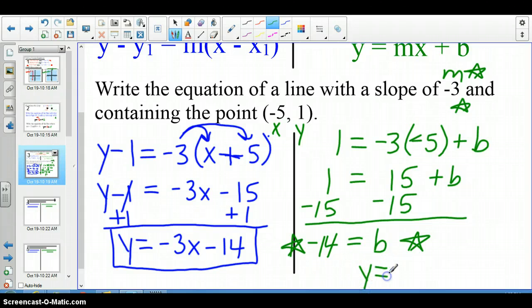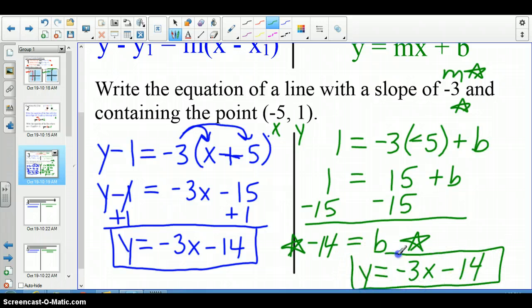Y equals m, so negative 3, x, plus b, so my b is negative 14. So what we did, once we found our b, our y-intercept, we weren't done. We had to use that and our slope to write our new equation. So if you look, these two are the exact same answers, just two different ways to perform this.